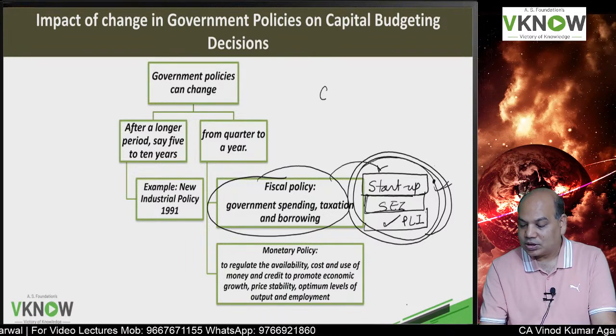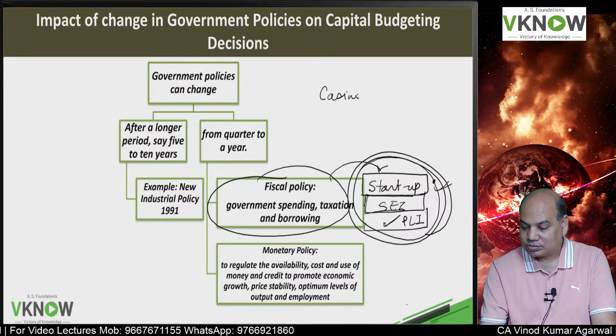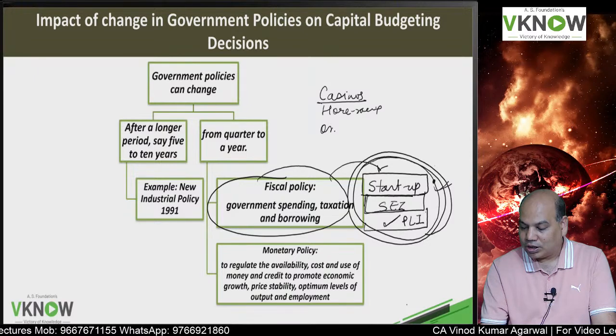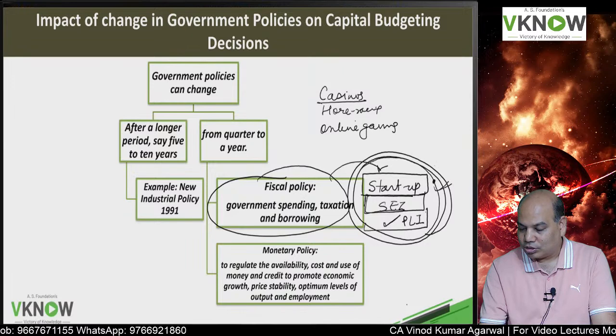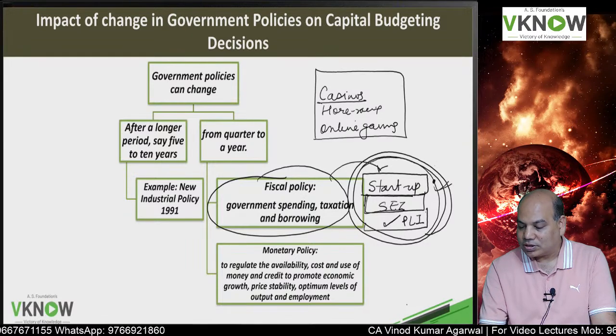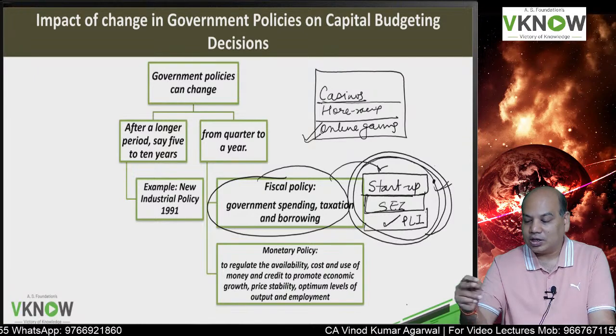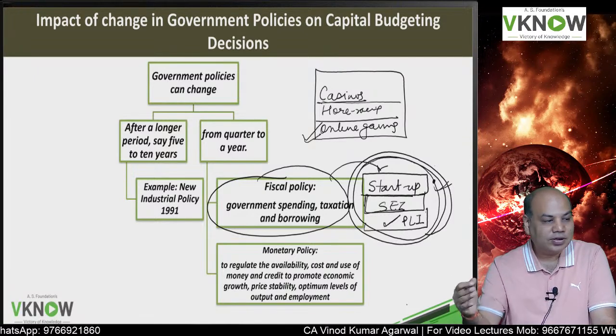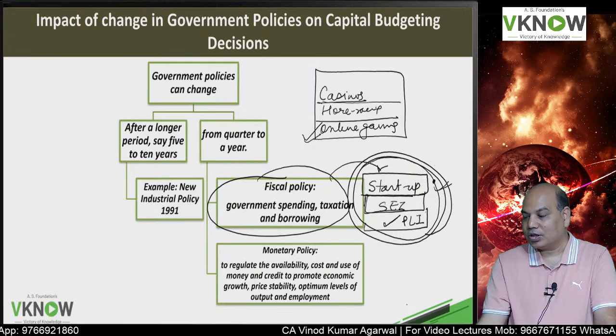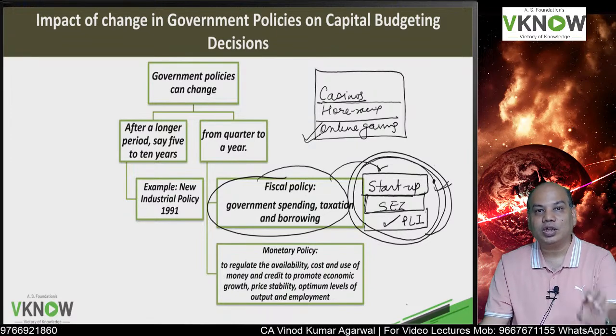So some businesses like casinos, horse racing, online gaming, what you do on your mobile before every match starts, make your own team. These businesses are affected because of the increase in the GST rate, and some of them may not be viable after some time.